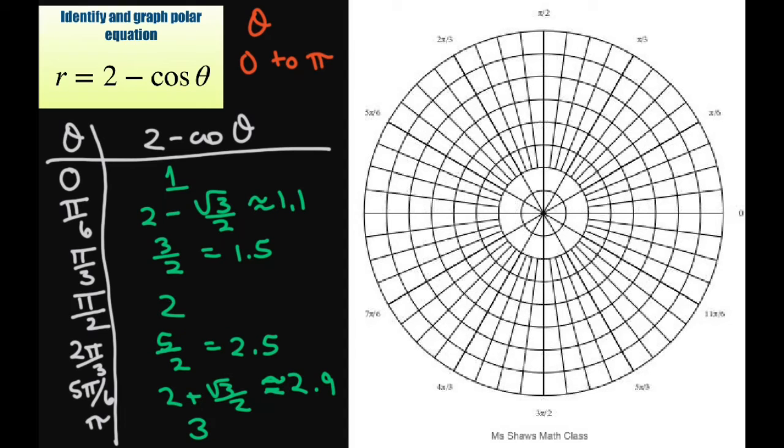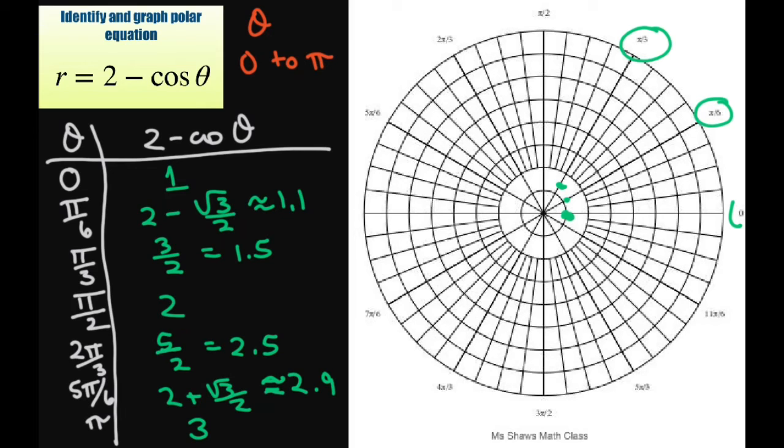So let's plot some points. At 0, we're at 1. So here we go, 0 goes to 1, right here. We're looking for our angle and then going out. At pi divided by 6, we're at 1.1, so it goes out just a bit. At pi divided by 3, we're at 1 1/2.